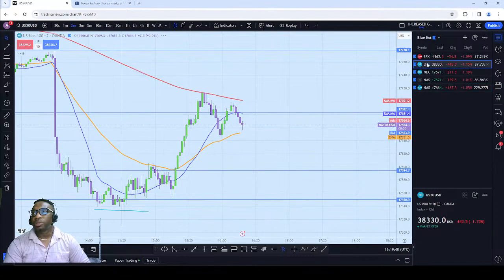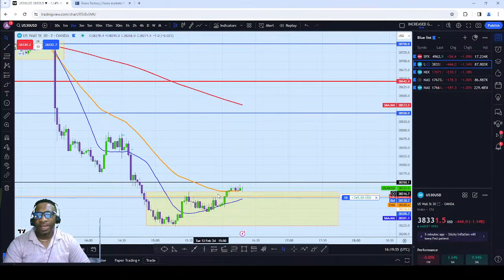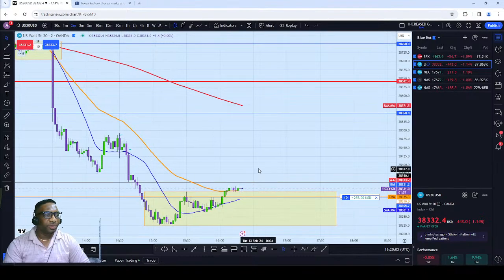Let's go to US 30. So US 30 is currently being held above the previous high. It broke above the previous high and is being held up above it. So hopefully it pushes through this level and goes up further.